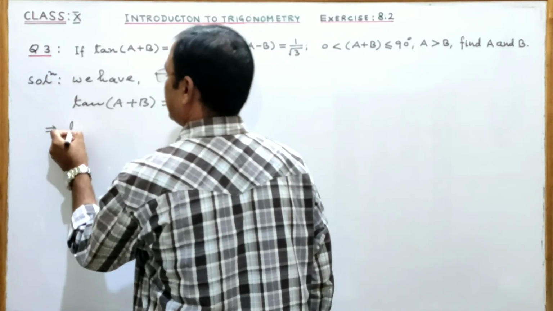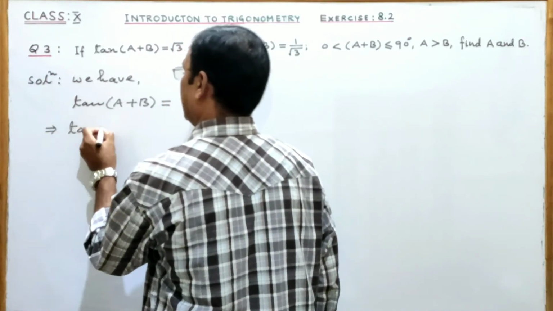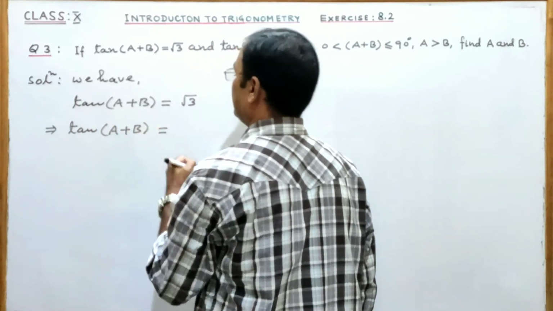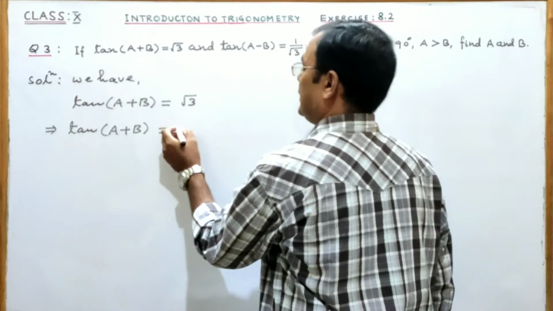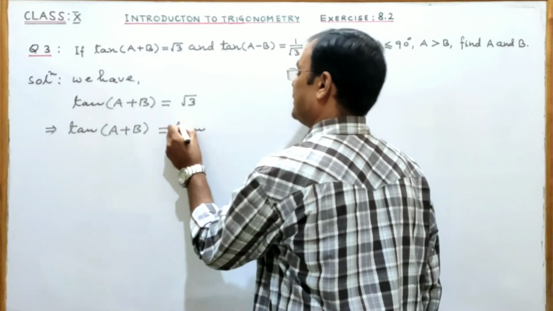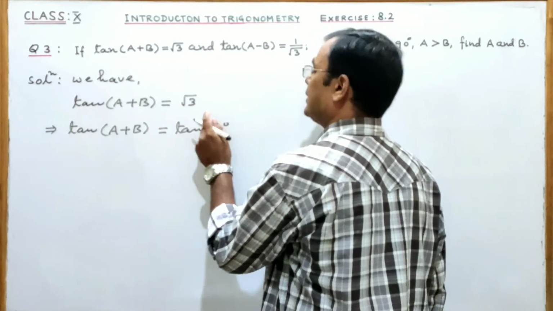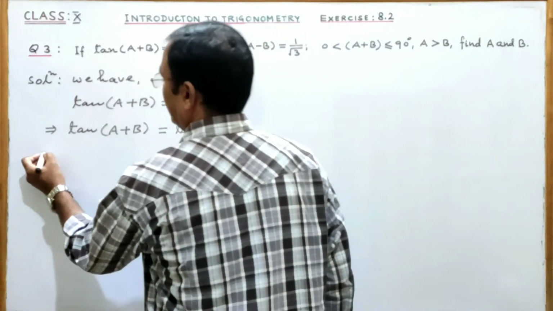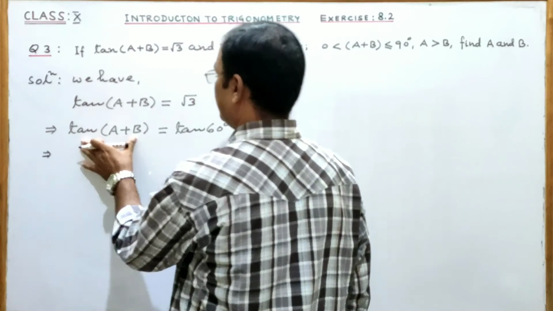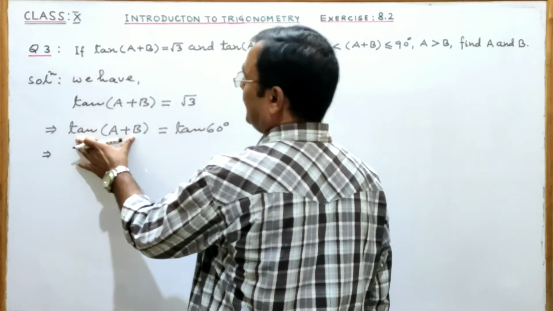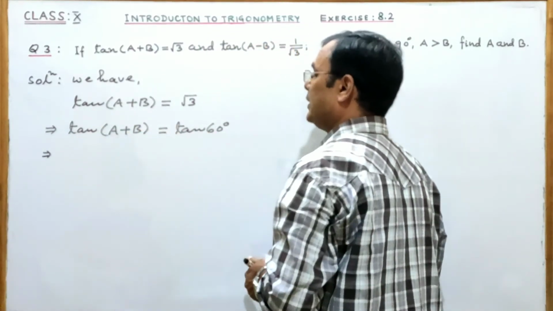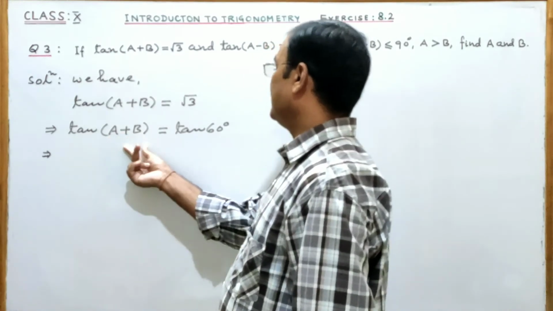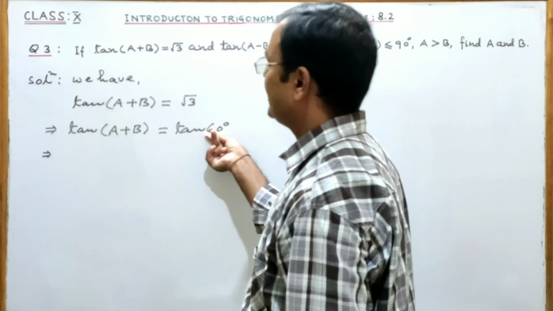This implies tan (A plus B) is equal to tan 60 degrees, because tan 60 degrees value is root 3. Now from both sides you see tan (A plus B) is equal to tan 60 degrees. That means angle A plus B is equal to 60 degrees.